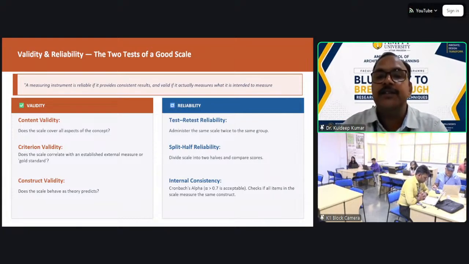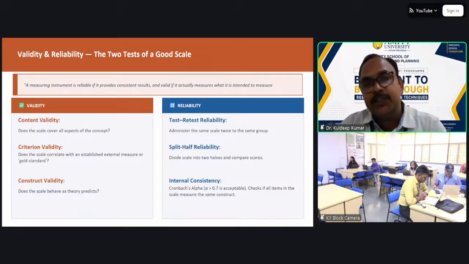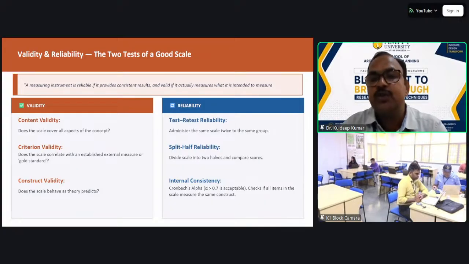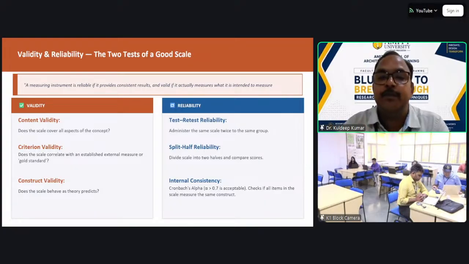Construct validity asks: does the scale behave as the theory predicts? For example, if the theory says that better lighting should improve perceived safety scores, and your scale shows that pattern, that after a lighting intervention the score improves, that means construct validity is there and it's high.